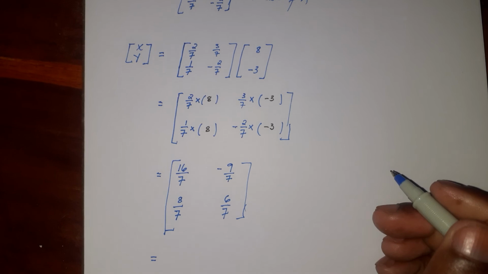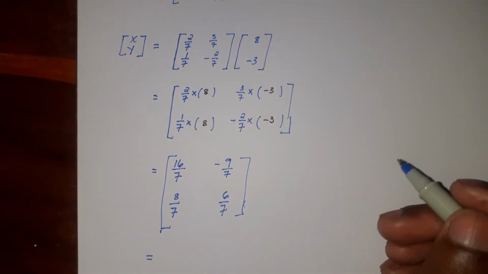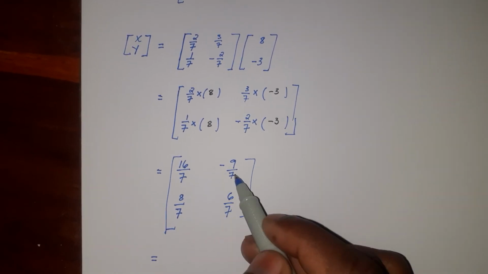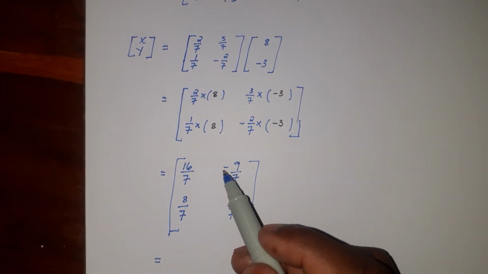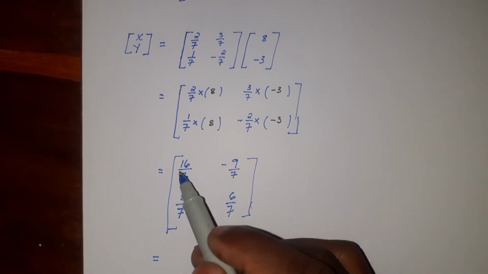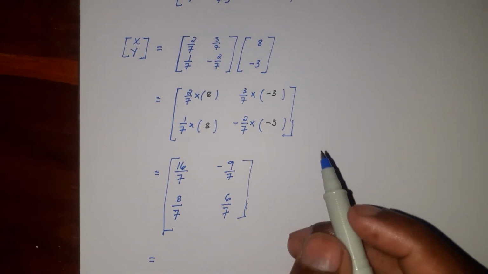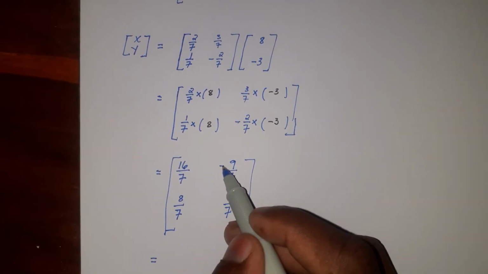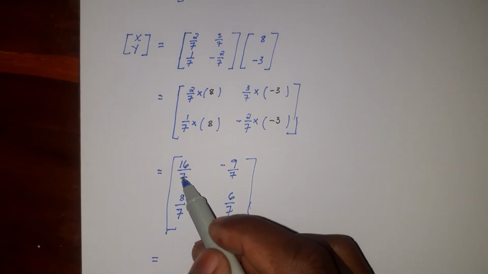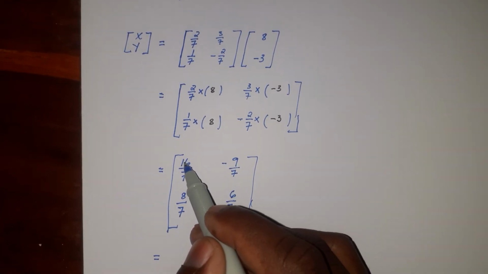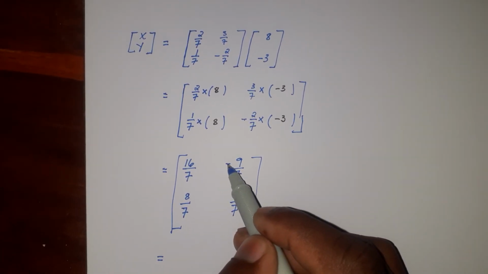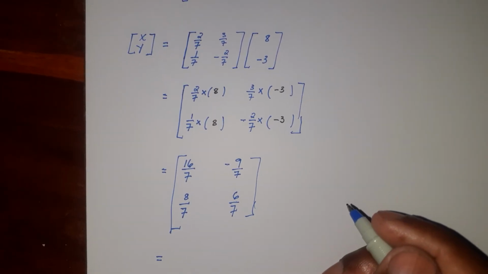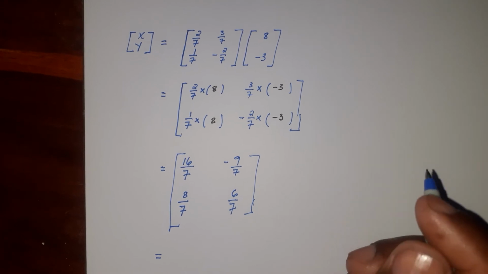Now once you get here, what you need to do, since we have over 7, depending on the sign between these two numbers, you either add or subtract. In our case, we have minus. Because we have over 7, we say 16 minus 9.